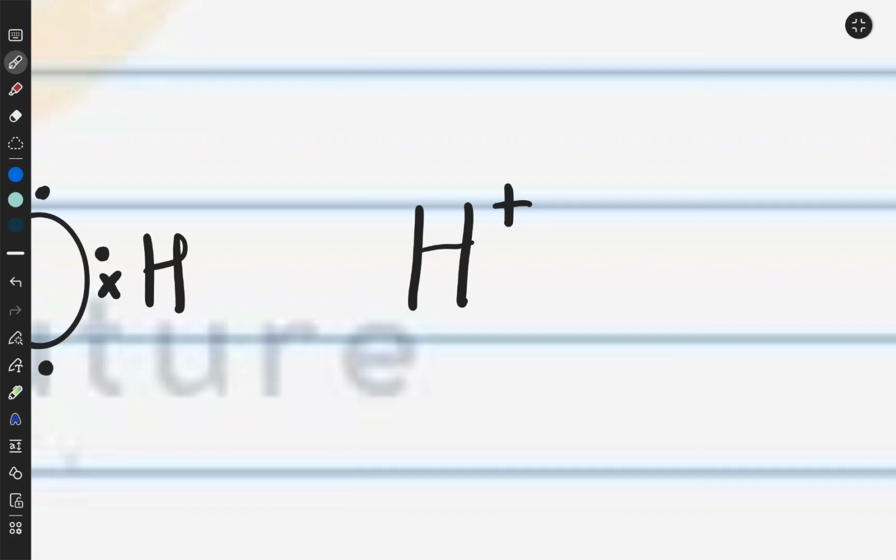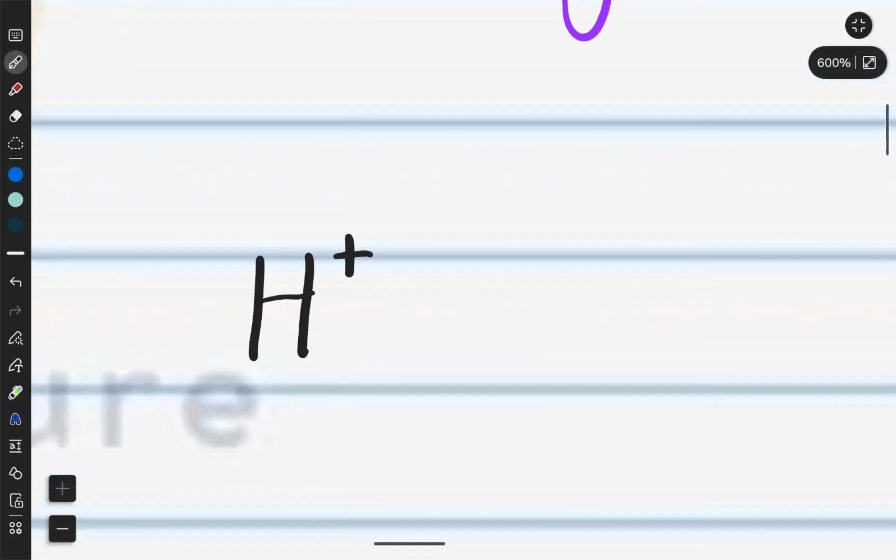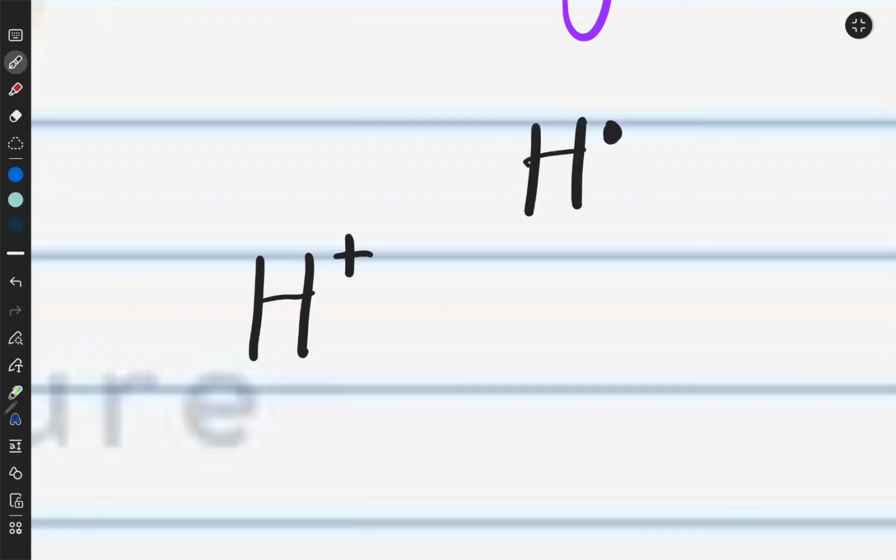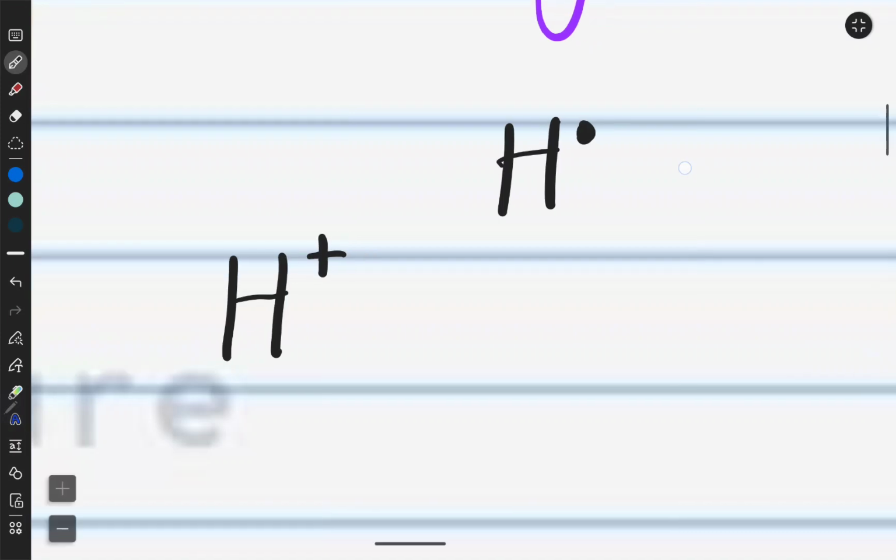So think of it like this: hydrogen initially has just 1 electron. Now it loses that 1 electron, and there's an imbalance. It suddenly has more protons than electrons. That's why we represent it using that sign.